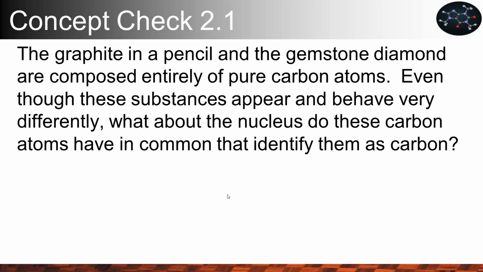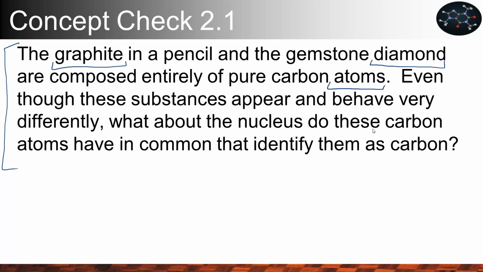So let's take a look at this concept problem here and see if we can use our definitions of atoms and that sort of thing to really check to see if we know where we're at here. So we have graphite in a pencil that's made out of carbon, and we have the gemstone diamond that's also made out of carbon. So both of those things are carbon atoms.